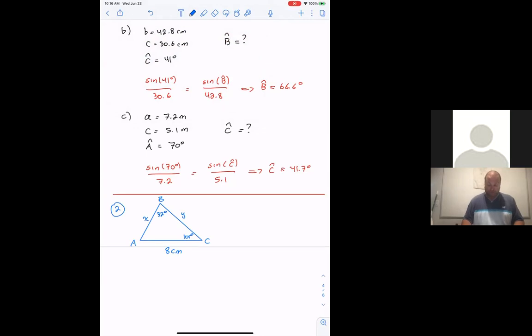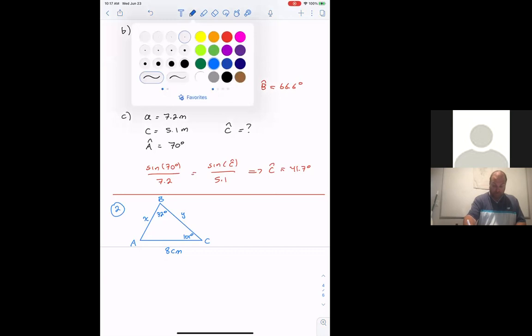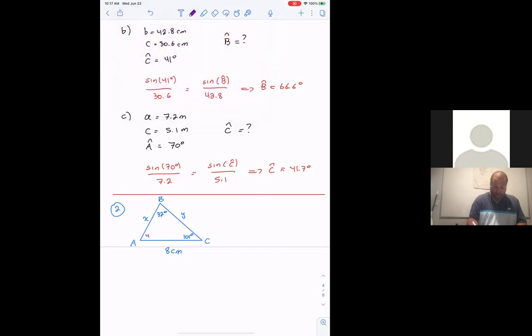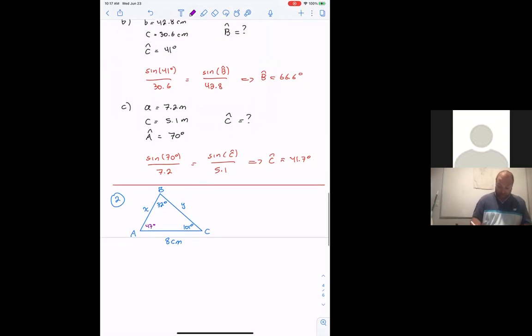Do we have an angle side pair? Yes, we do. But we happen to have 2 angles. Because we have 2 angles, we automatically get the third angle. The third angle comes along for free because the 3 angles of a flat triangle have to add to 180 degrees. So 101 plus 32 is 133, which makes the third angle 47 degrees. Now that I know that, if I want to find X, which is a length, I'm going to have X on top, so sides on top.